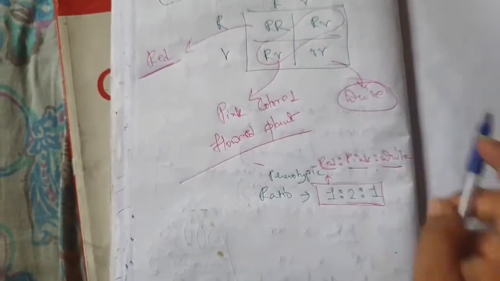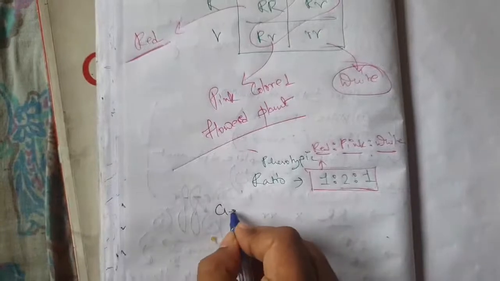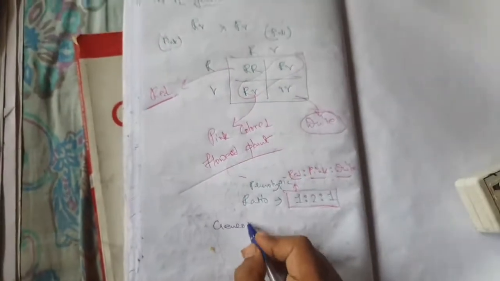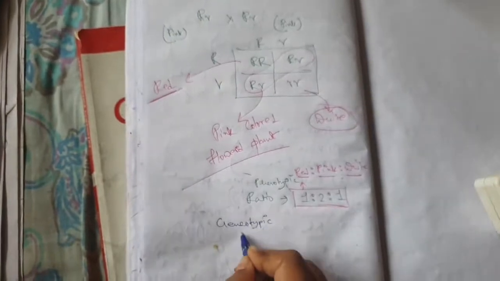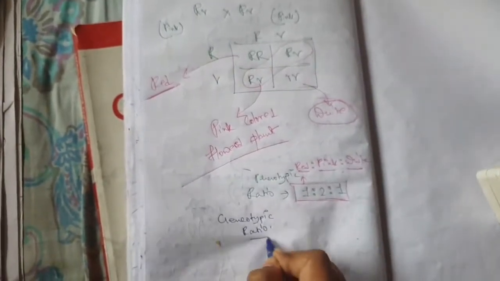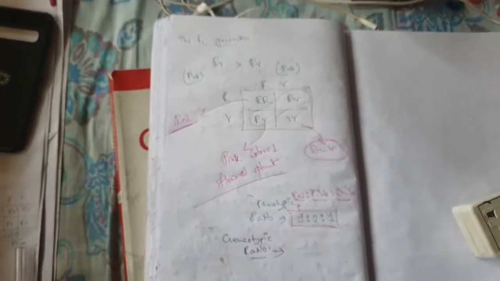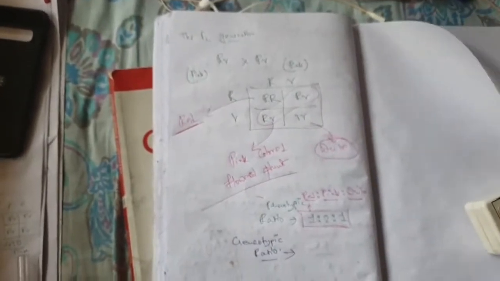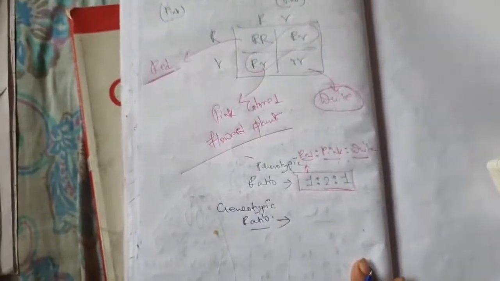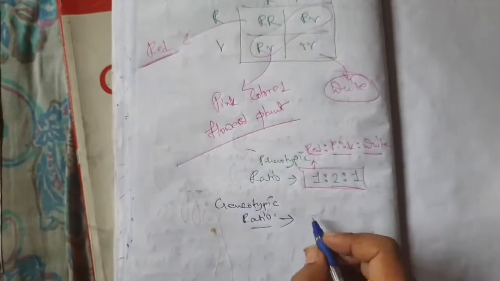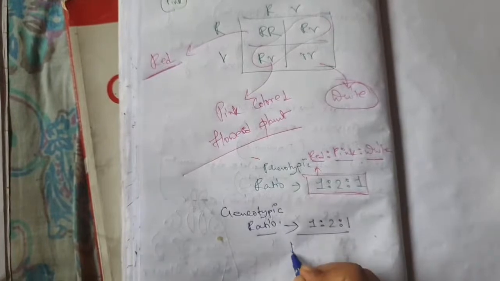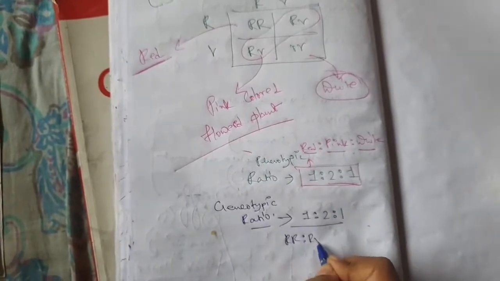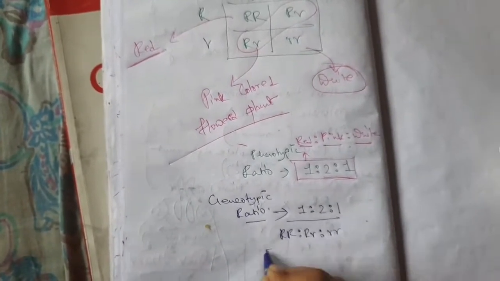Now, if you go for the genotypic ratio, you will also obtain 1:2:1, because one will be RR, two will be Rr and another will be rr.